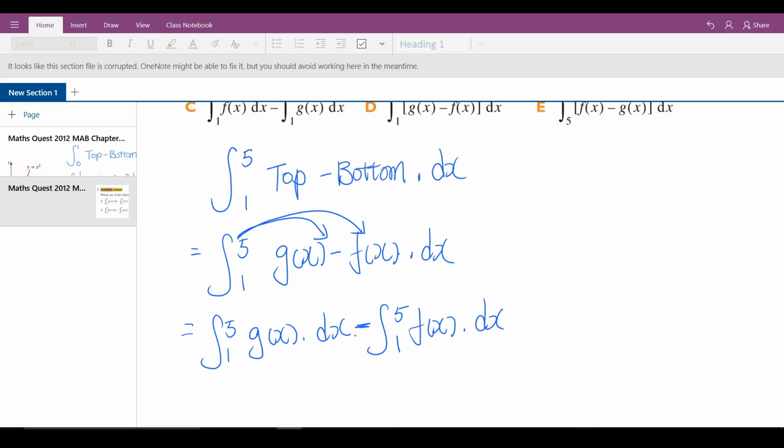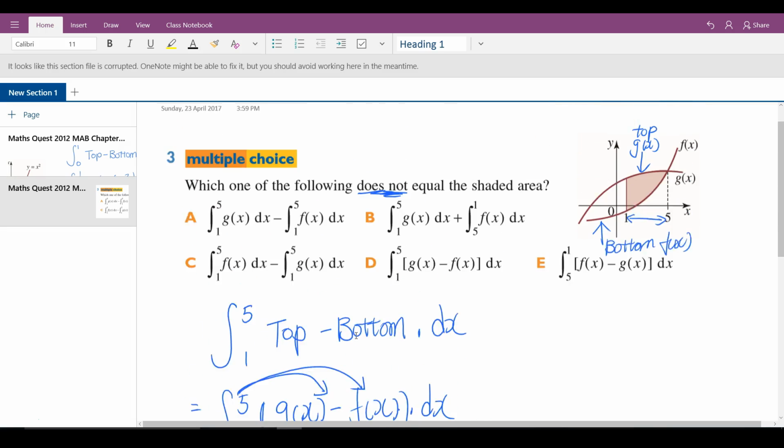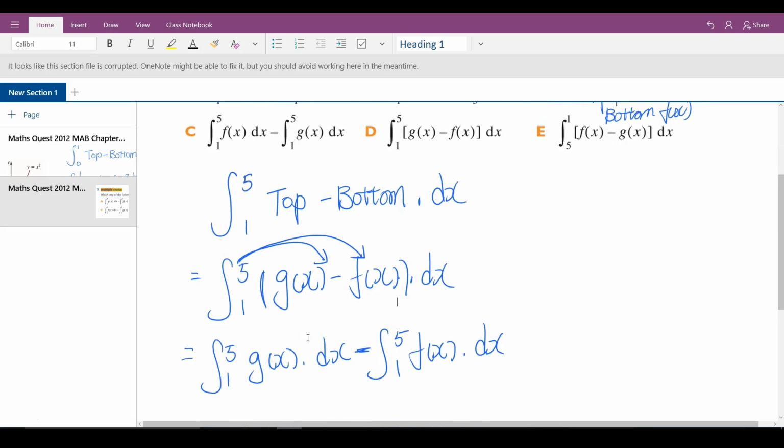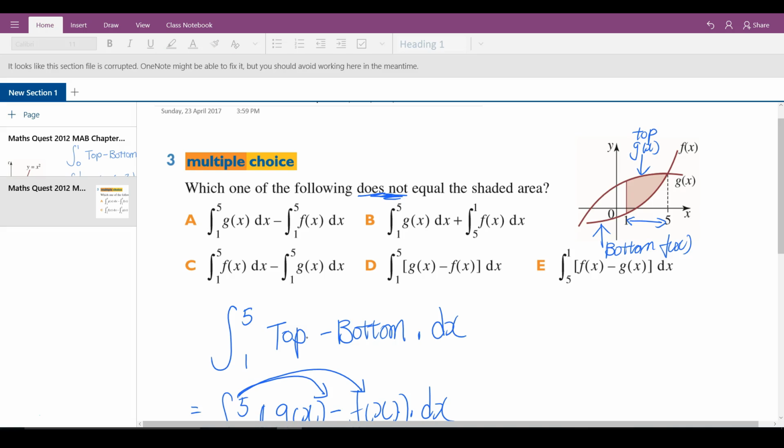So we are simply distributing the integral sign into addition. I'm treating this as a bracket, so you distribute it into each of the terms. So that's literally what we got in option A. So that's the correct expression, which is not the answer we want for this question.